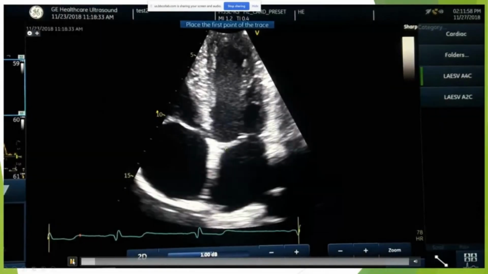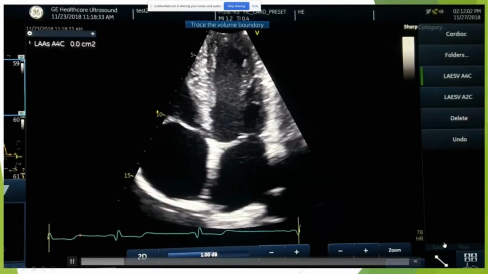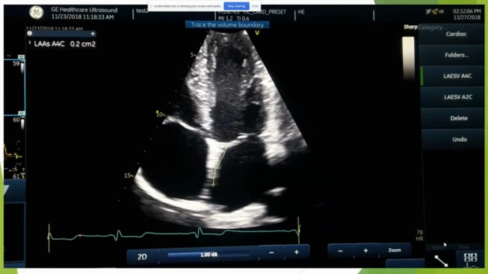From the medial annulus of the mitral valve, then trace the endocardium. In many patients, when you get to this level, the pulmonary vein is very prominent and goes all the way. You don't go there. You just cut it and make it nice and don't include it.